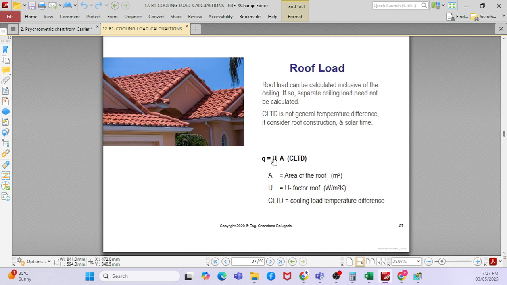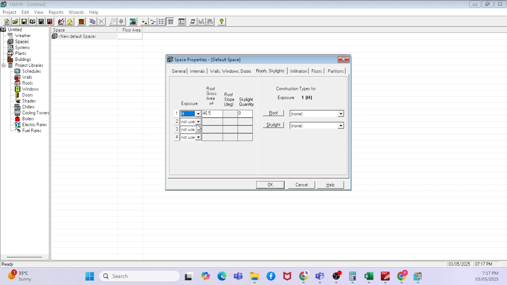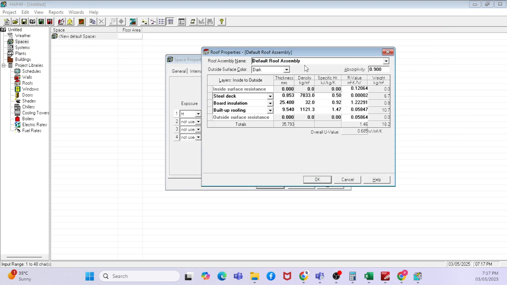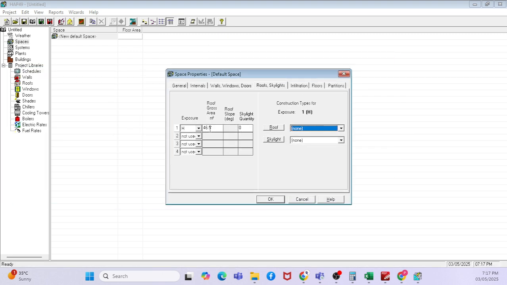Roof load is what? Q equals U A CLTD. If I go to the roof, this is the area, and this is the U value. From here, I will enter the U value.